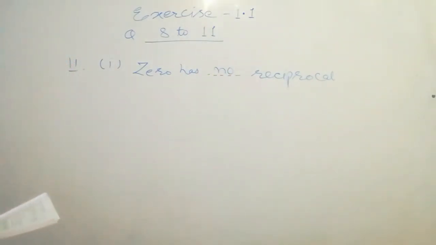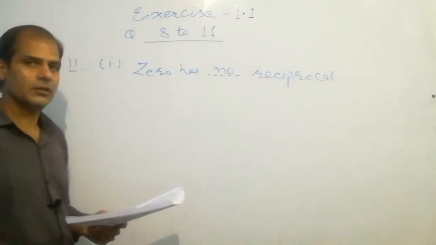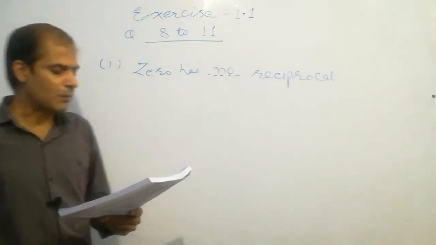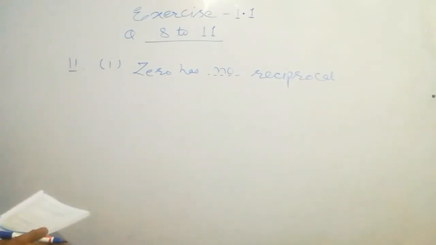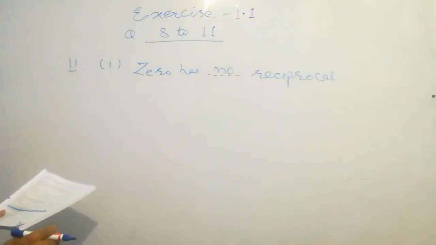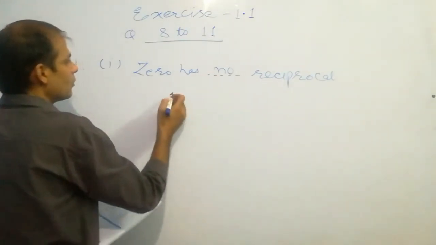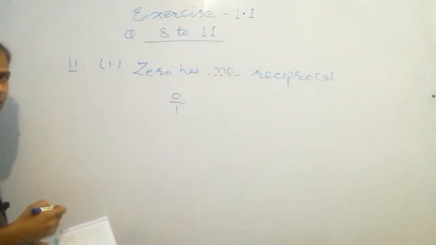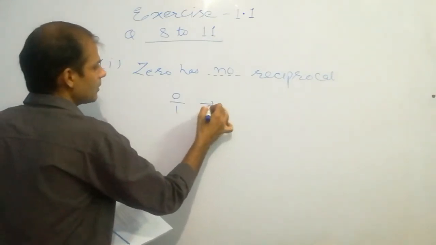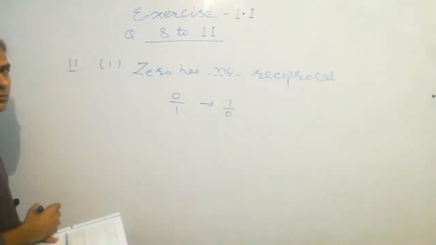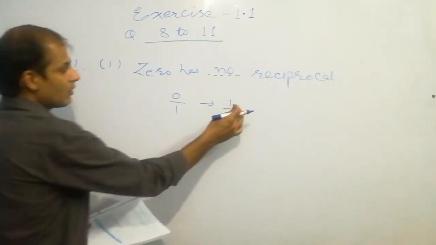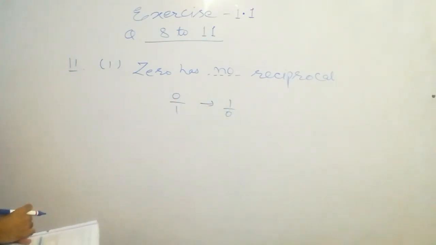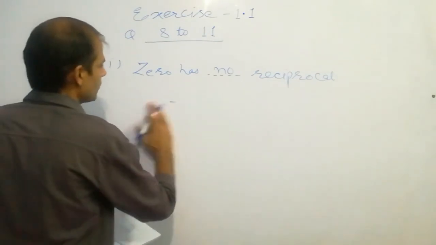Some parts of the 11th question are the same as the parts of the 10th question, not all. Why is it so? Because 0 can be written as 0/1, but the reciprocal is 1/0, and you have seen that in question 10 it is undefined, so 0 has no reciprocal. Okay.